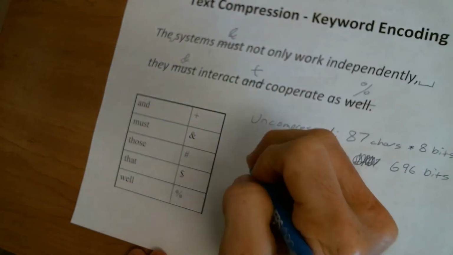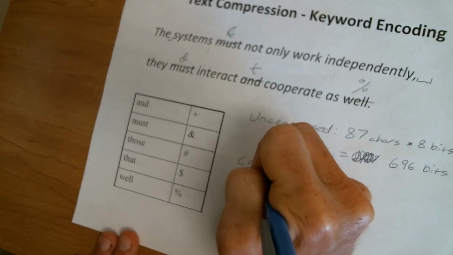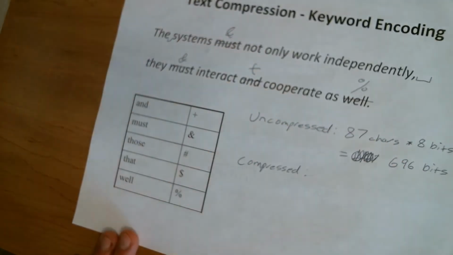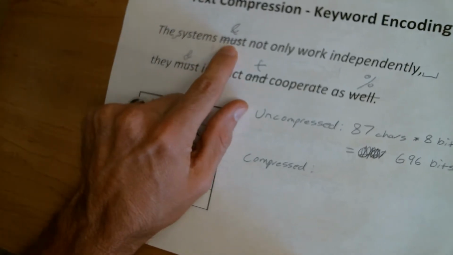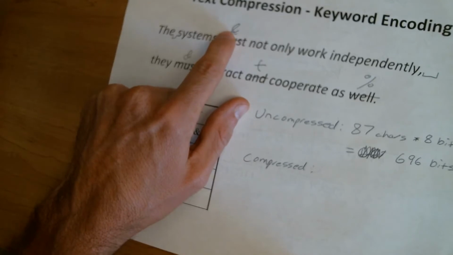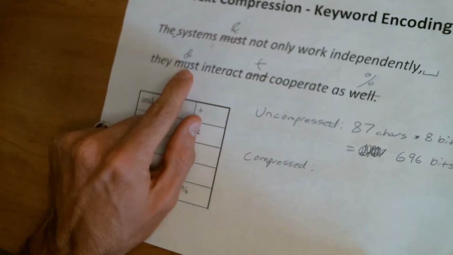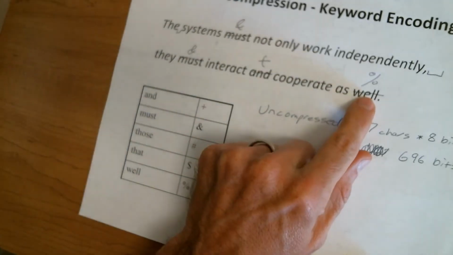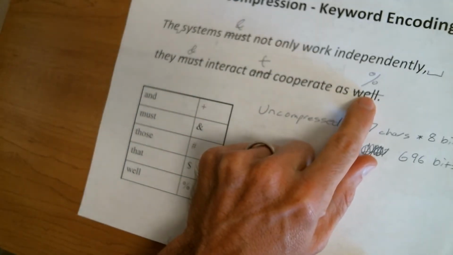Now, once I compress it, that number is going to go down. Because instead of using 4 different characters here, I've reduced it to 1. So I saved 3 characters here. I saved 3 characters here. So that's 6 characters I've saved so far. I saved 3 characters here. So that's 9 characters I've saved so far.